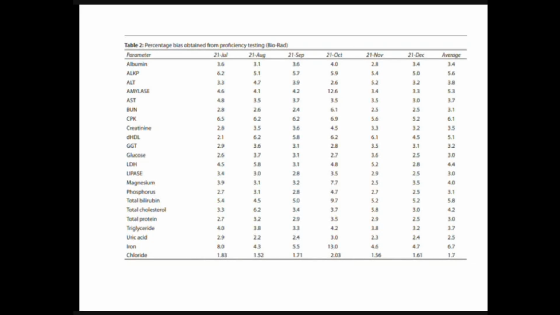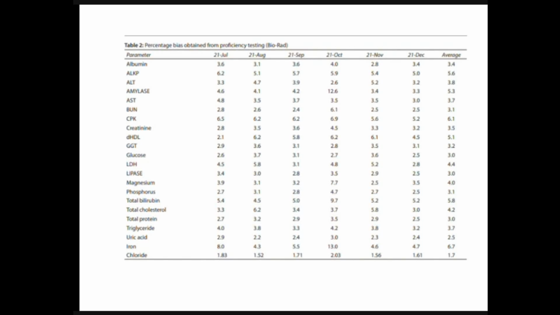Now Table 2 shows the percentage bias obtained from proficiency testing, that is Bio-Rad. So for these 22 parameters, we have shown the percentage bias of July, August, September, October, November, December, and finally the last column is the average.